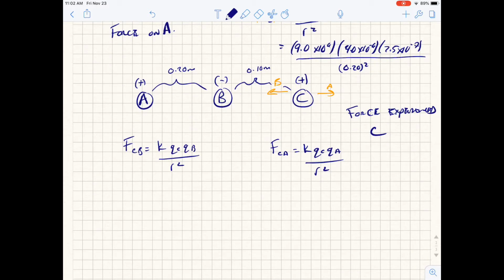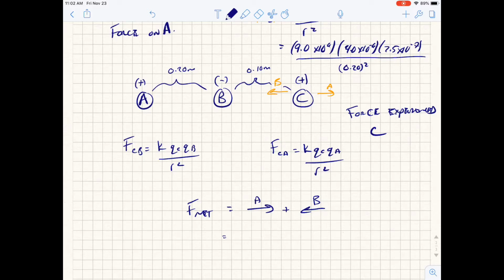So it's important then to find the F net, and the F net is going to be the sum of the force felt from A plus the vector force felt from B. I think I calculated the numbers for that.